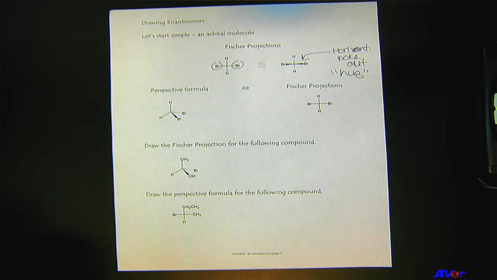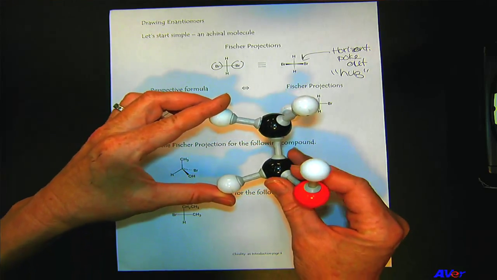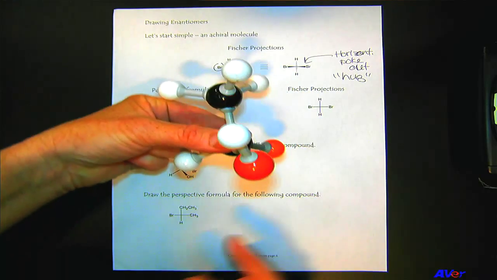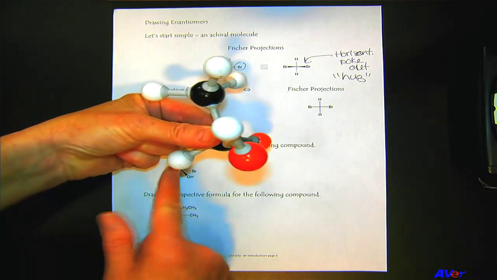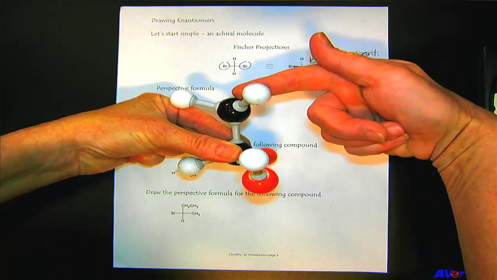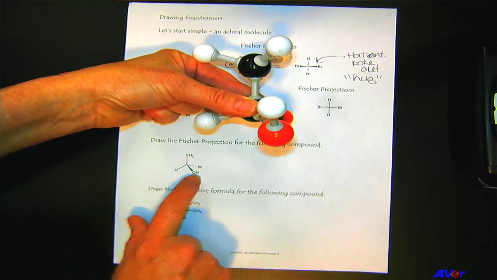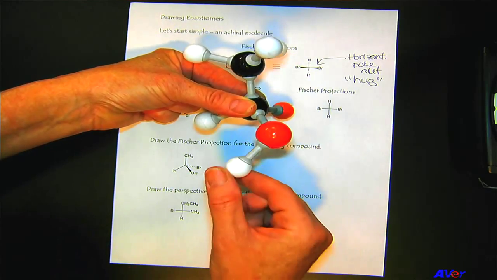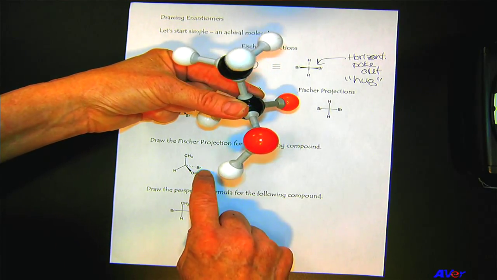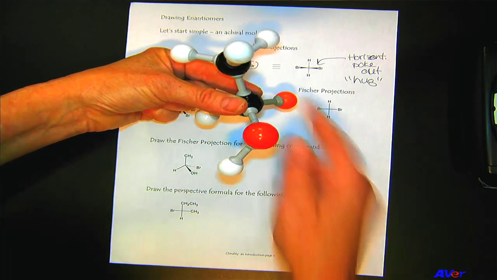If we take this model, I'm holding the chiral carbon, so here's the hydrogen, and then the methyl group there. The OH is a wedge, it's poking out, and the bromine, orange, probably not the best color, is going back.